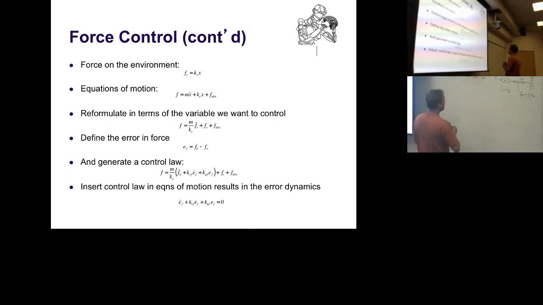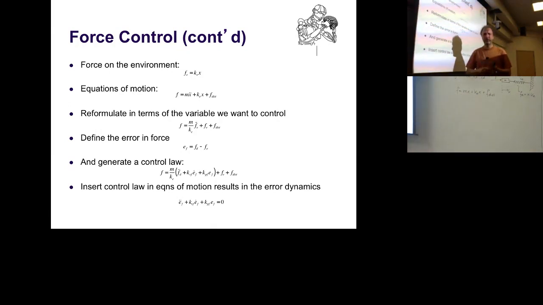Now, the equations of motion of that simple thing: we know it is just F equals m x double dot plus Ke times x. No friction. We didn't put a damper in there.